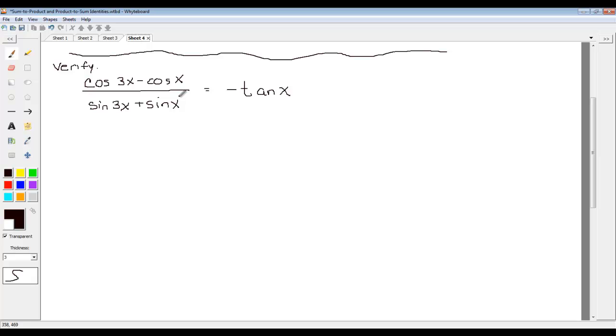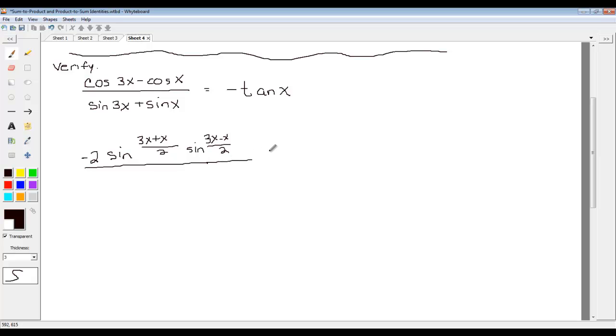Let's see, at the top we have a difference of cosines. So we learned what to do there with cosine x minus cosine y. Cosine 3x minus cosine x, we're going to rewrite that as negative 2 sine of (3x plus x)/2 sine of (3x minus x)/2.